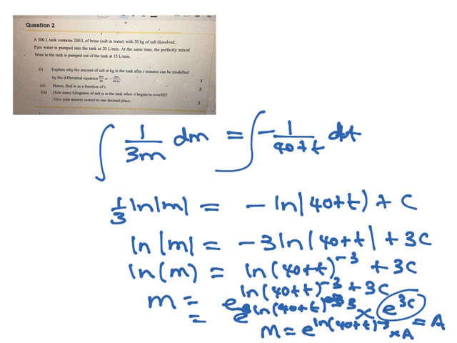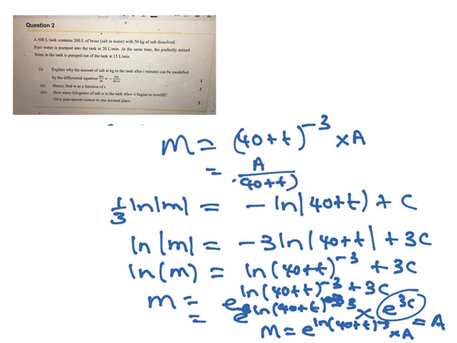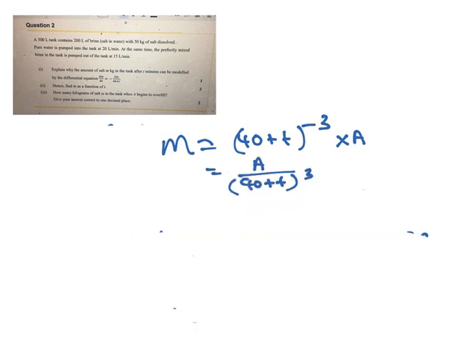So that means that your m will end up being 40 plus t to the minus 3 times your a. So it's a over 40 plus t to the 3.